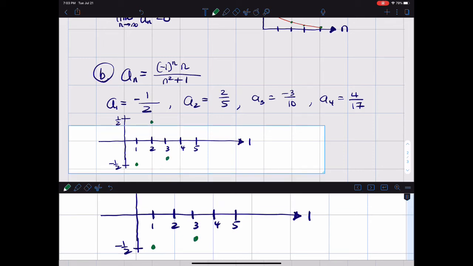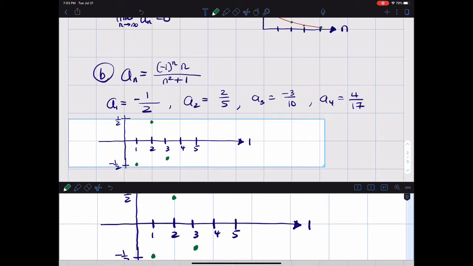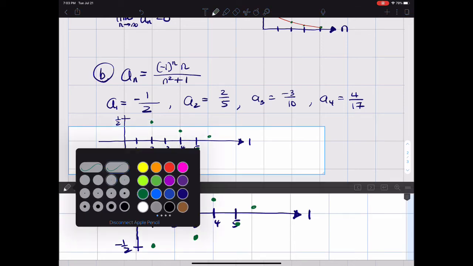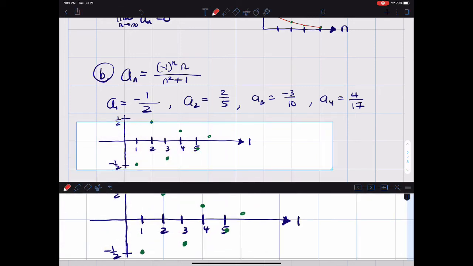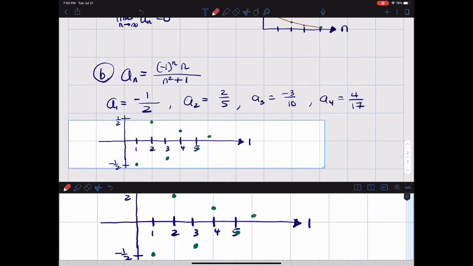So you can see the pattern now. And a4 is 4/17, which is like 1/4. Close to 1/4, not exactly 1/4. So it just keeps coming closer and closer. If you try to join this, look at what you get. Again, we don't join the points for sequences because they're discrete points, but for the sake of visualization, see what's happening.